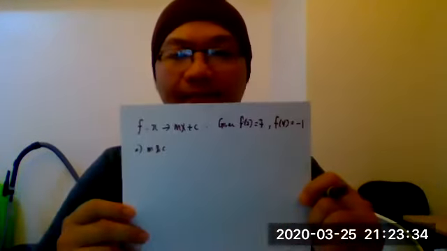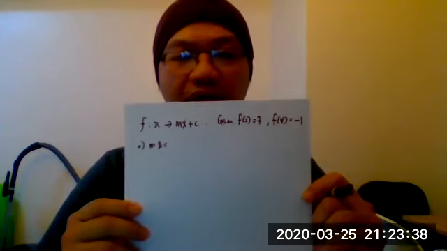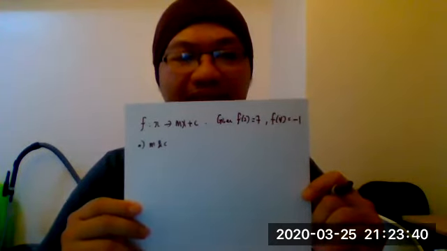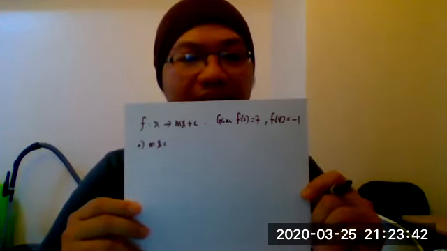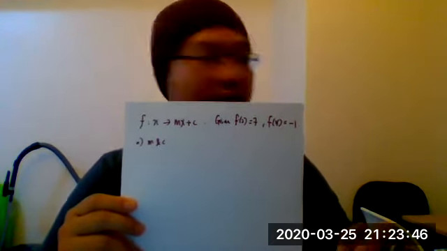So, the function is given mx plus c, and given that f(2) equals to 7, f(4) equals to negative 1.